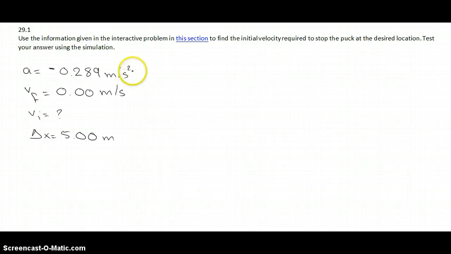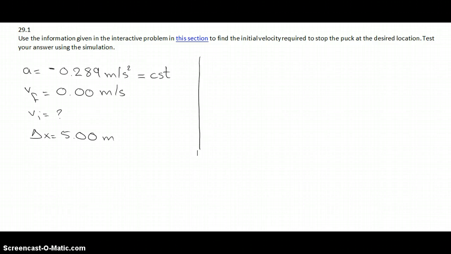So I go back to my solution. I know that acceleration is negative 0.289 meters per second square, and this amount is constant. So this is a problem with motion of constant acceleration. So the 4 formulas of motion with constant acceleration apply.